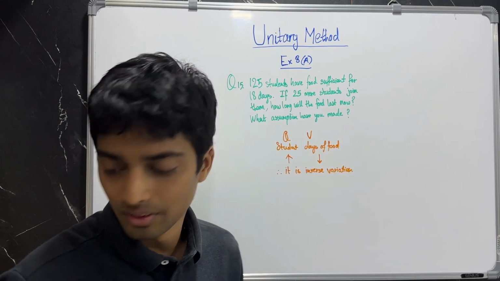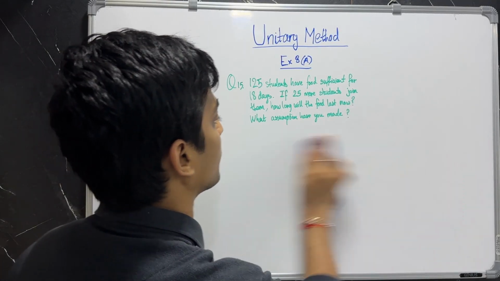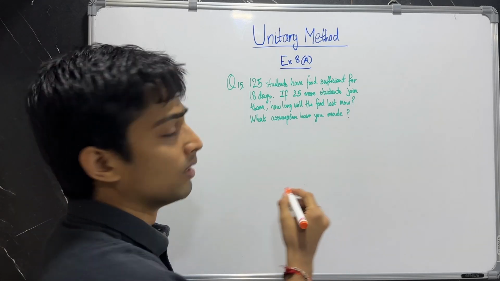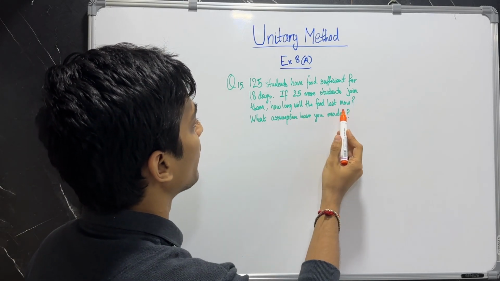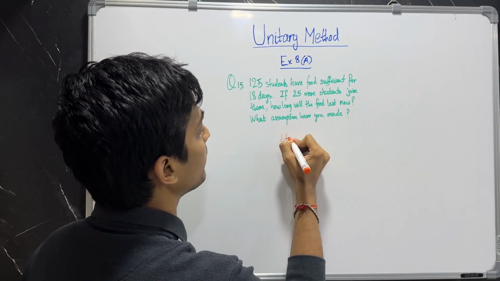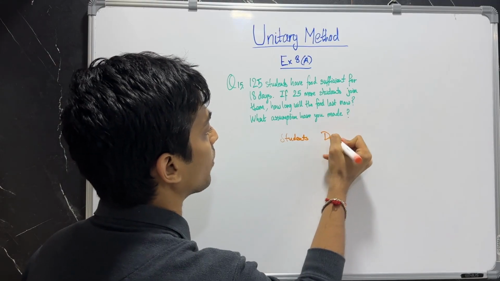So now we know it's an inverse variation. We can solve now. Just make a table. We have to find how long the food will last now, so the number of days will come on the right side. Students, days. Okay.